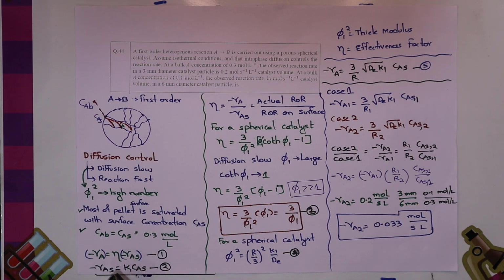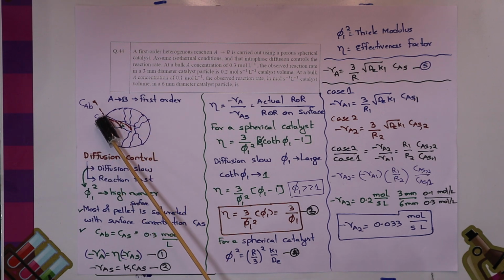And the relationship between the surface speed and the actual speed. The observed rate means whatever you are able to calculate. The surface rate, because rate of reaction depends on concentration.